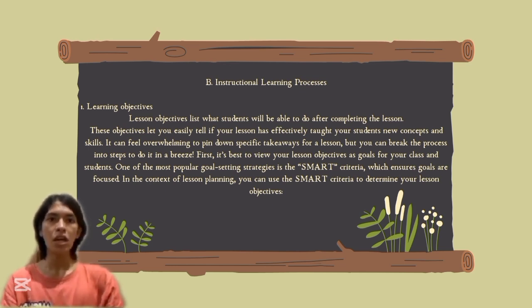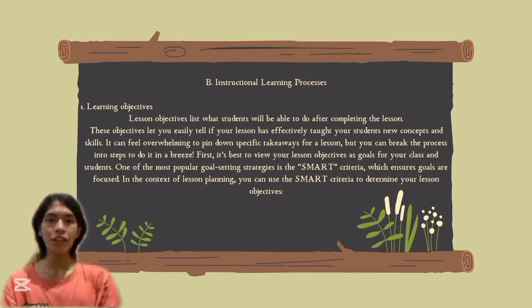Measurable: objectives should be easily assessed, like through tests, projects, or observation. Attainable: the objective should be achievable by all students, considering their skill levels. For relevant, objectives should align with the curriculum and student needs. And last but not the least, time-bound: the objective should fit within the lesson's time frame.